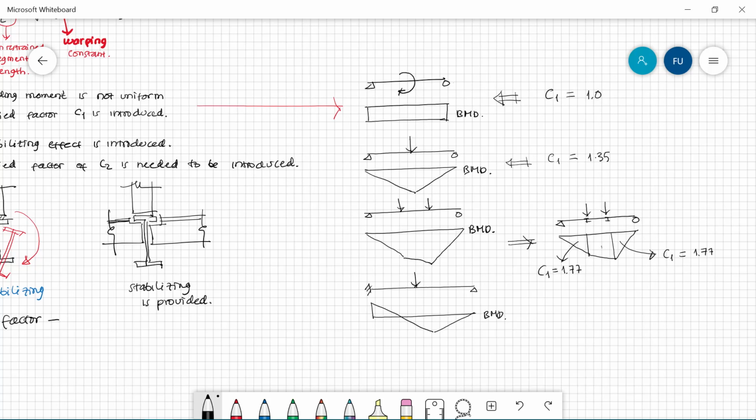But for the interior diagram of bending moment, we have a trapezium shape, M1 and M2.